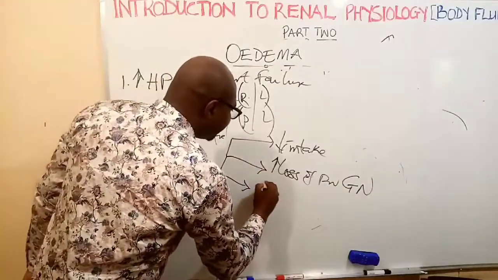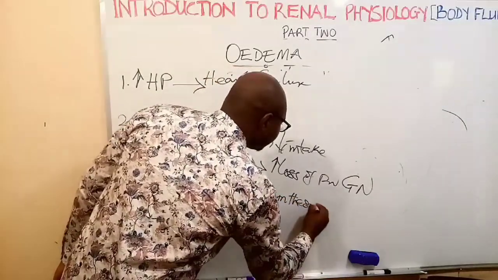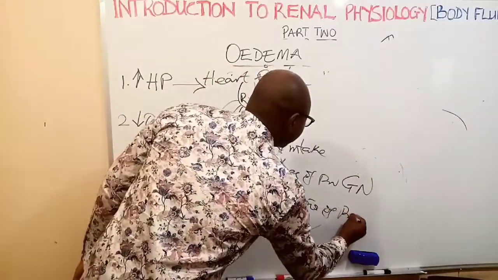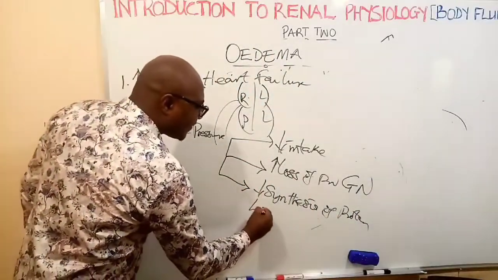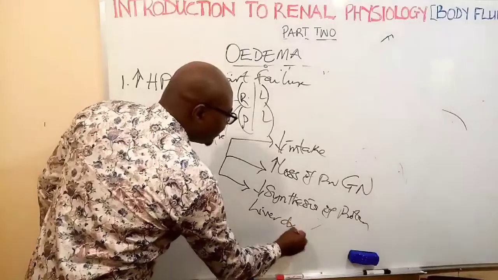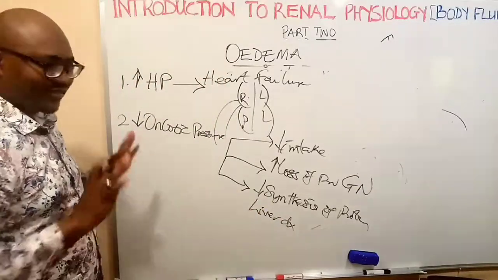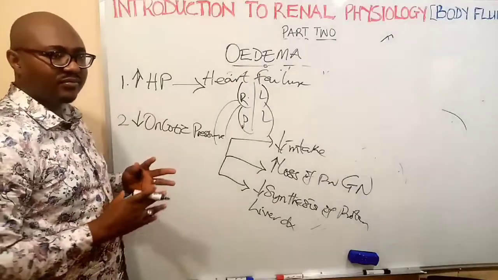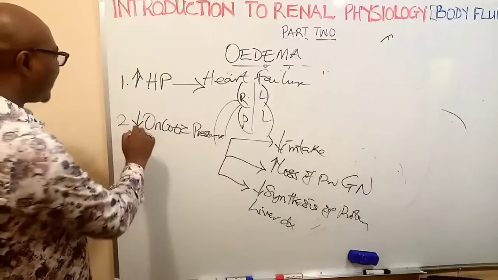So you have decreased synthesis of proteins. A good example is liver disease. Those who have liver disease, it manifests as edema. There's swelling around their bodies. Okay? So that's oncotic pressure.